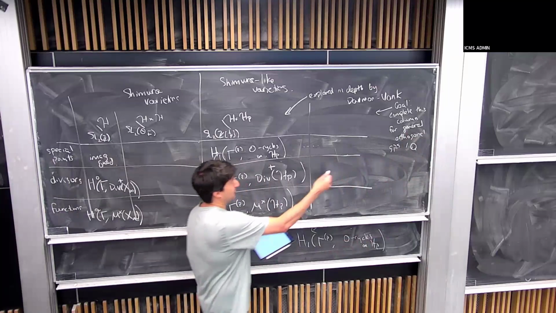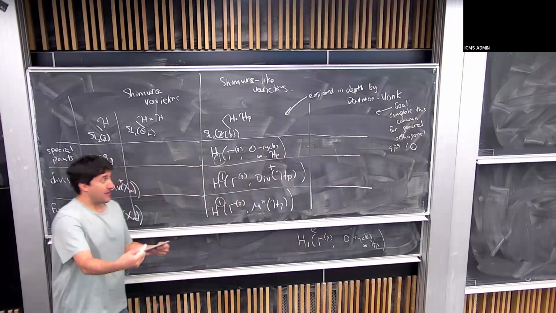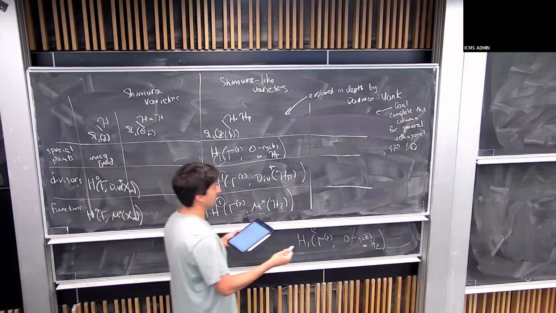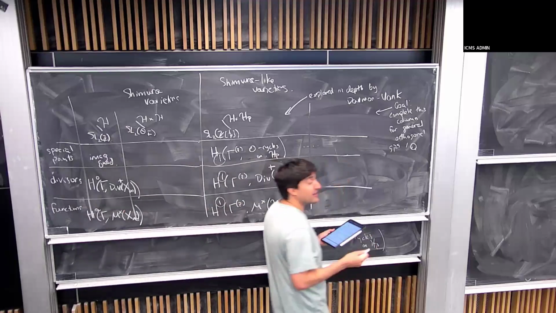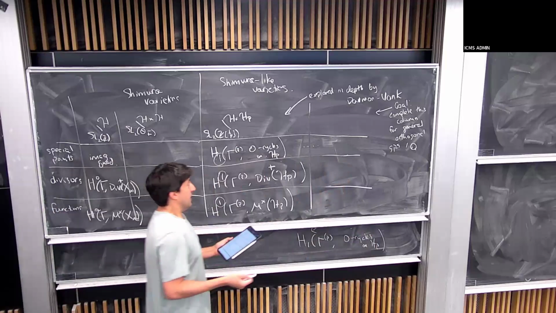But we wanted to fill in this column when the Shimura varieties don't exist. So for general orthogonal groups over Q, not necessarily of signature (n,2), but of general signature (r,s).